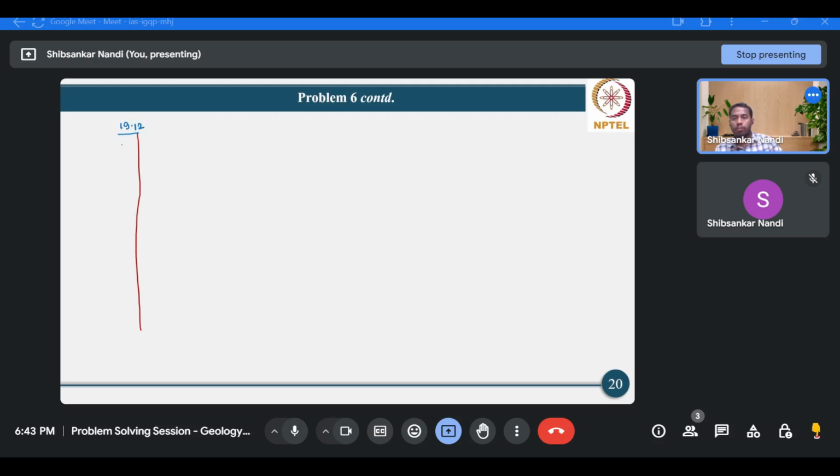So this is your initial edge, and this is your remaining force. Now at 2.94, it's changing sign. This is your Z0, this is 2.94 meter.